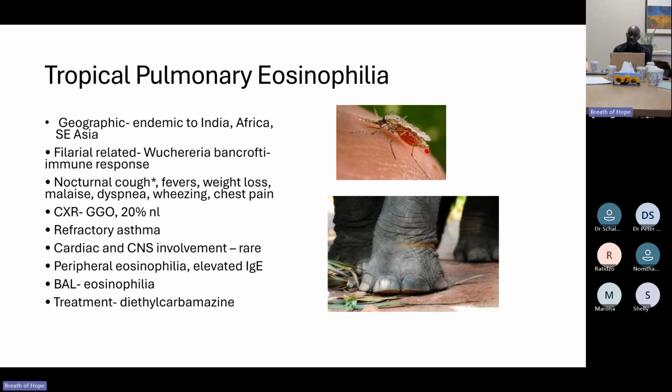They tend to have refractory asthma, what we call uncontrolled asthma. Some patients will have cardiac and CNS involvement, which is rare, but it's there. Then peripheral eosinophilia with elevated IgE levels. On bronchial lavage you'll see eosinophilia, and the treatment is diethylcarbamazine.